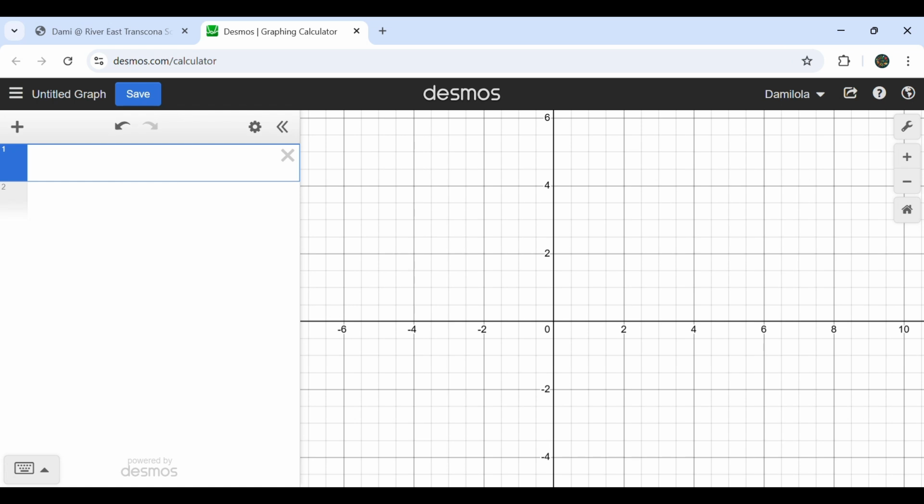Let's try one more example using a radical graph. Not a radical graph.